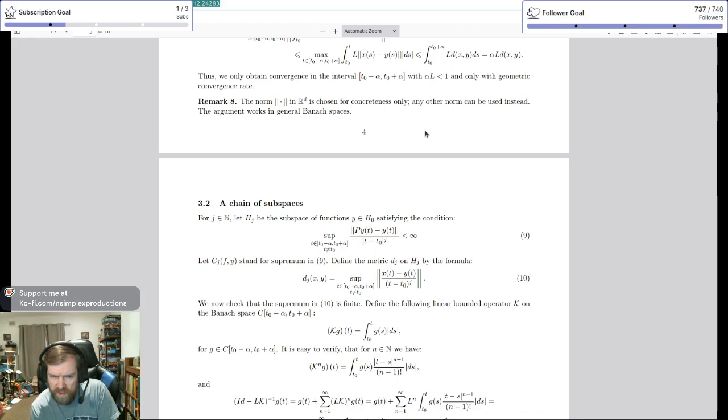Let C sub j of y stand for the supremum in 9. Define the metric space D sub j on H sub j by the following formula: D sub j of x, y is equal to the supremum, for t not equal to t0, of the distance between x of t and y of t over t minus t0 to the j.